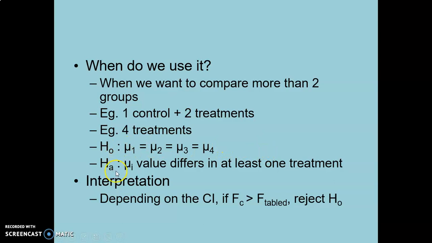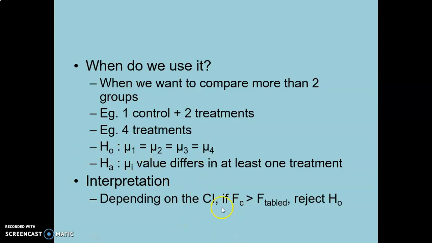The alternate hypothesis is that mu i, that is any of these means, differs in at least one treatment. So if we have enough proof, we will reject the alternate hypothesis and accept the null hypothesis.